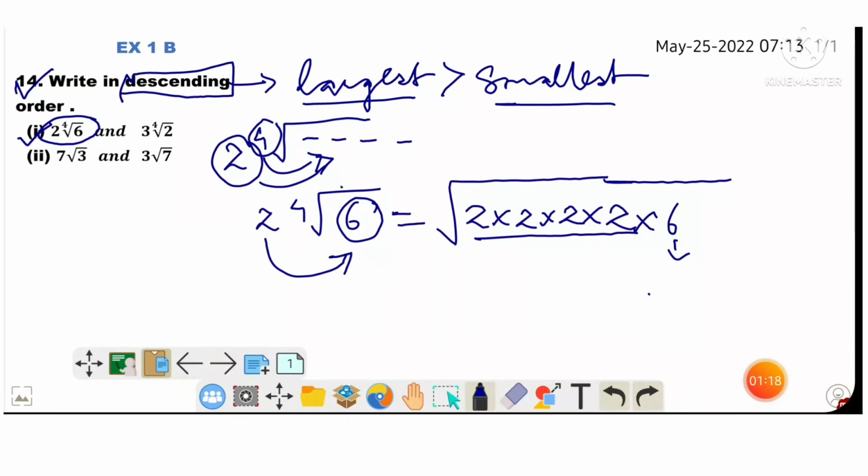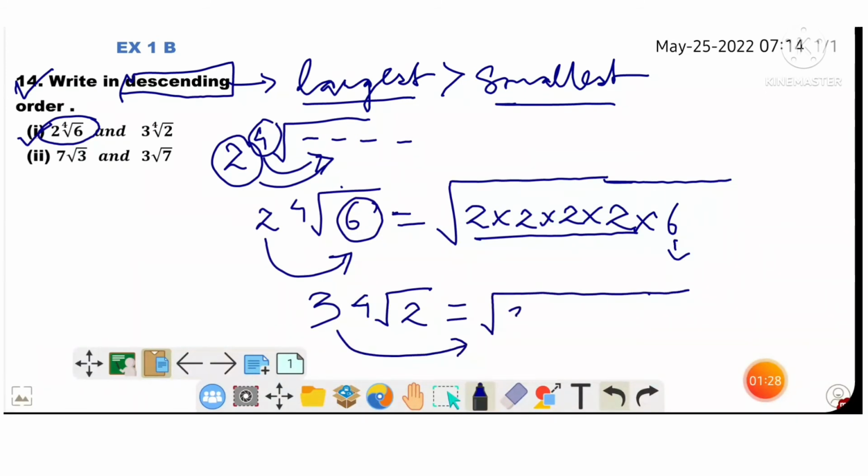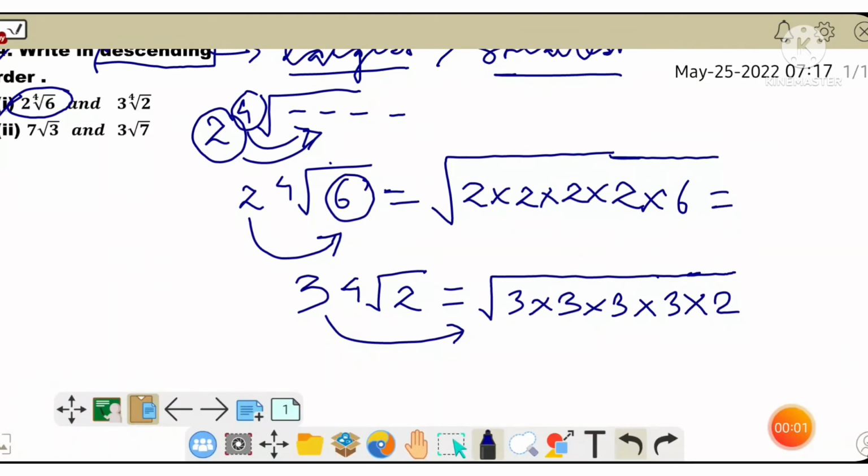And the next one here we have 3 fourth root of 2. That means the 3 which is outside, we'll keep it inside the root and it will be 4 3s, 1 2 3 4, and 1 2 is already there. So now we'll multiply it. 2 2s are 4, 4 2s are 8, 8 2s are 16, 16 into 6 is 96.